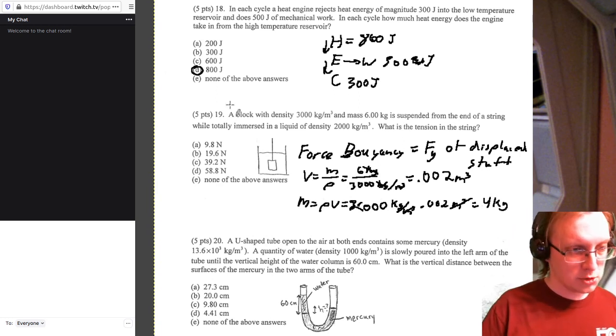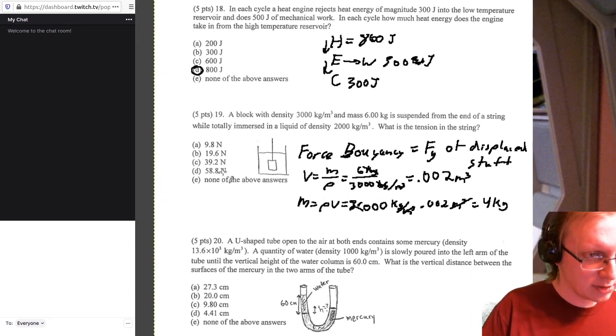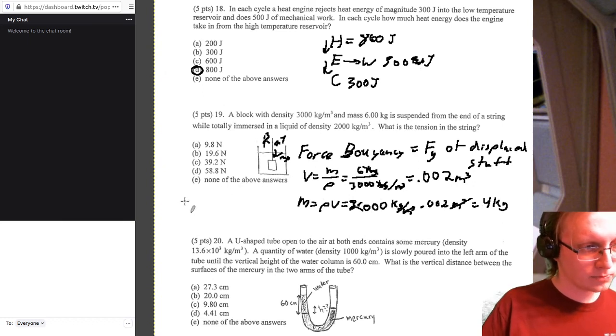Okay, so now we can come back over here and find our tension. Tension pulling up, buoyancy pulling up, and gravity pulling down, all equals 0. So we have mg is equal to m displaced g plus tension.